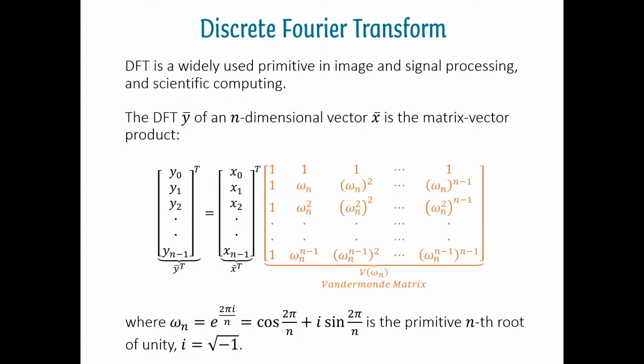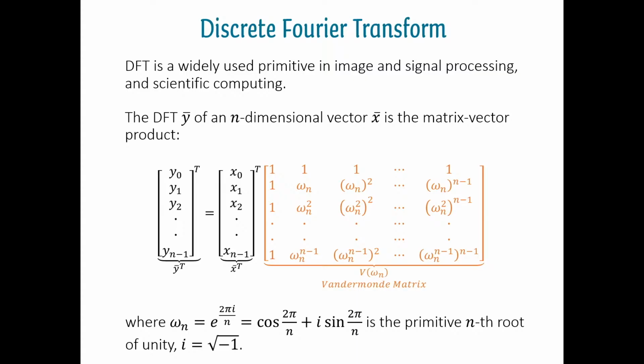If the vector is of length n, this matrix will use this omega n. Each omega n is e to the power 2 pi i divided by n, which is cosine of 2 pi over n plus i times sine of 2 pi over n. It is the primitive nth root of unity. This is a complex number, that's fine, where i is the square root of -1.